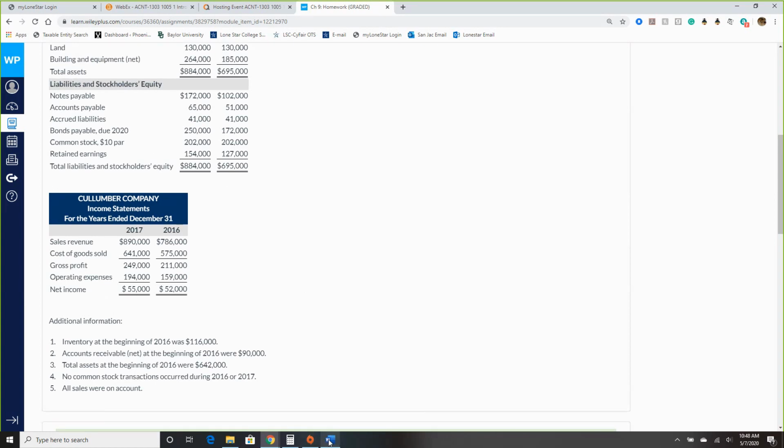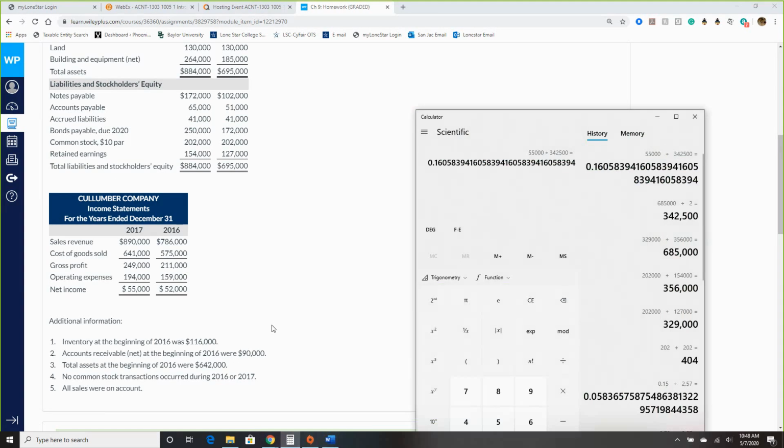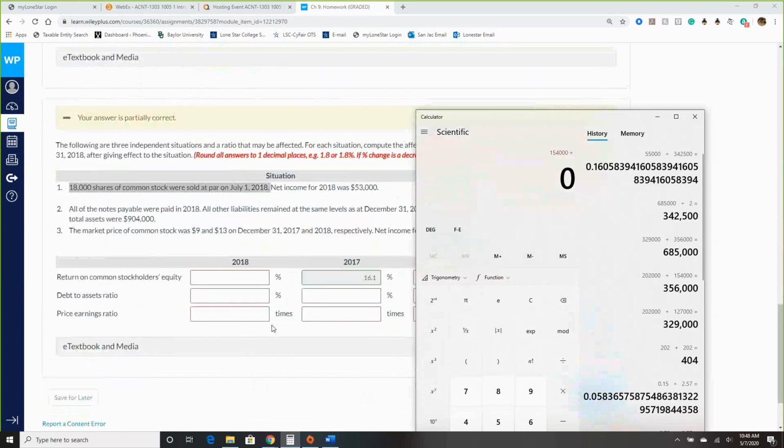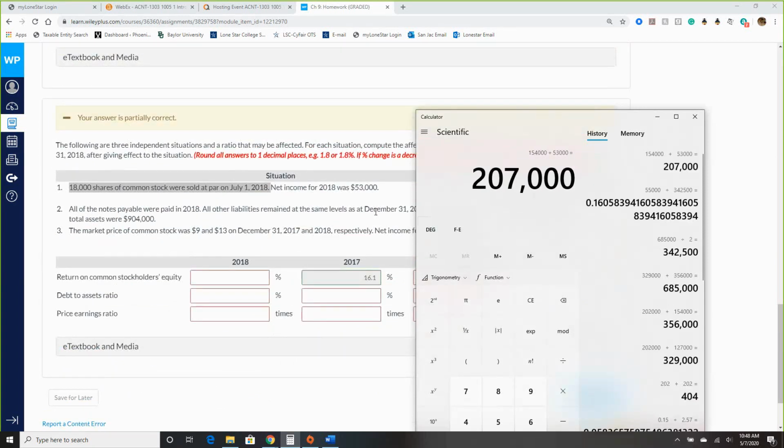So, 2018's retained earnings would have been 2017's, so add 154,000 plus net income. That's right, ending, so that's the beginning. So, plus net income for 2018. Alright, so that's their retained earnings.